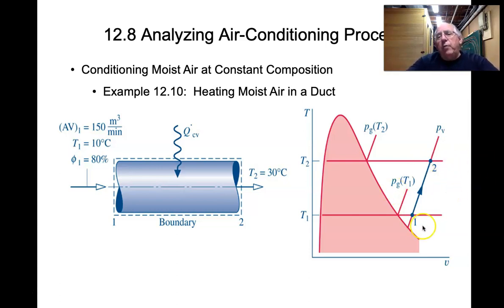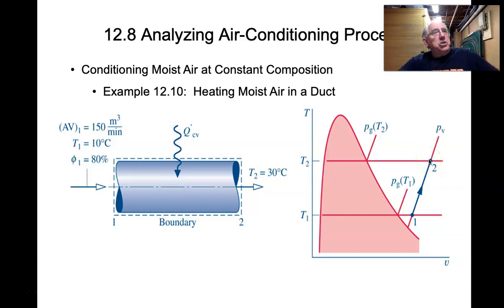That would be running up a constant pressure line in the water T-v diagram until we run into temperature 2. And so our final condition would be this condition right here.